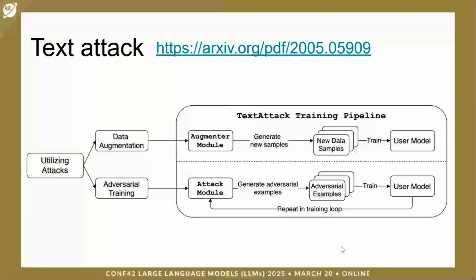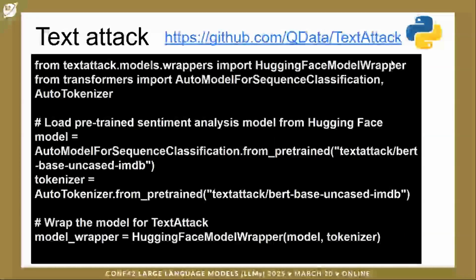This tool allows users to test how vulnerable a model is to adversarial samples and helps to improve this. Using a pre-trained sentiment analysis model, in this case we'll use the pre-trained BERT model, trained on the IMDB movie reviews dataset, a commonly used dataset for binary sentiment classification.